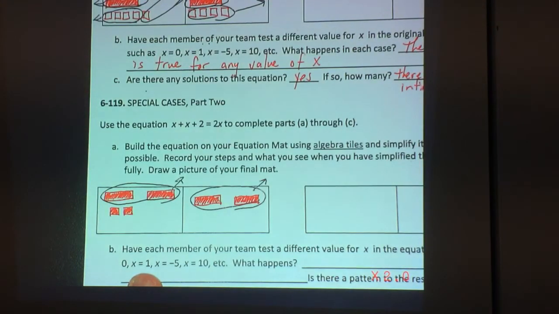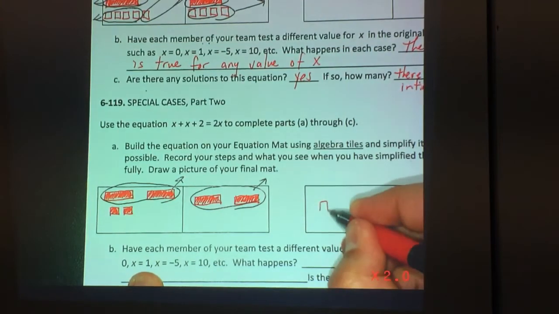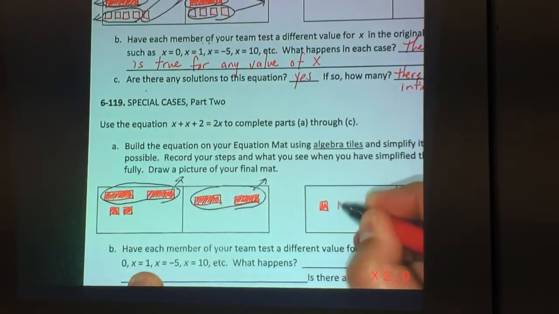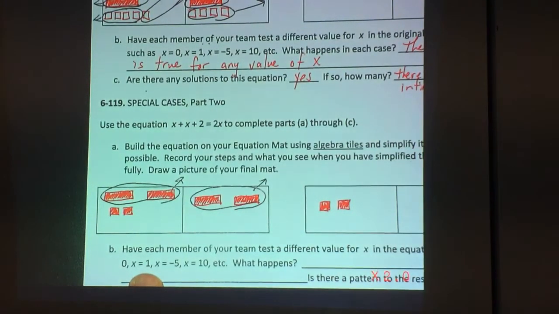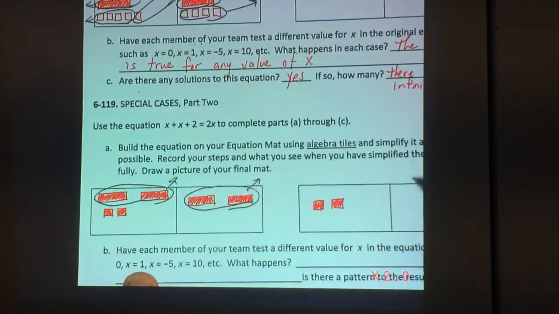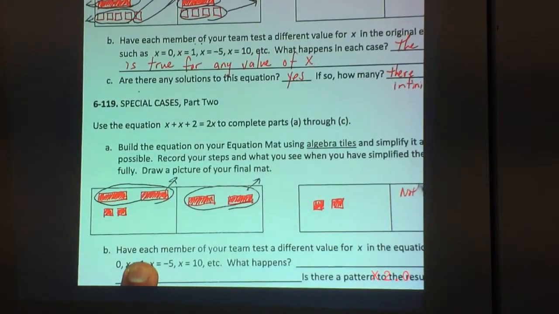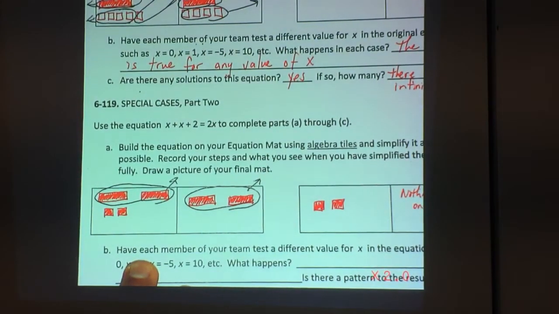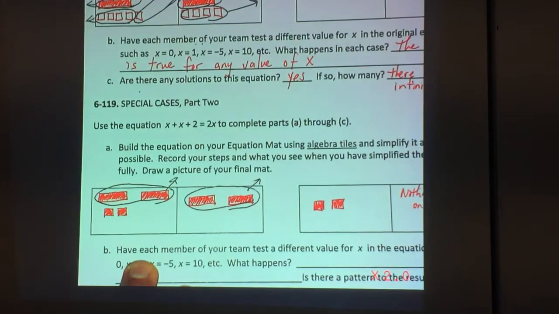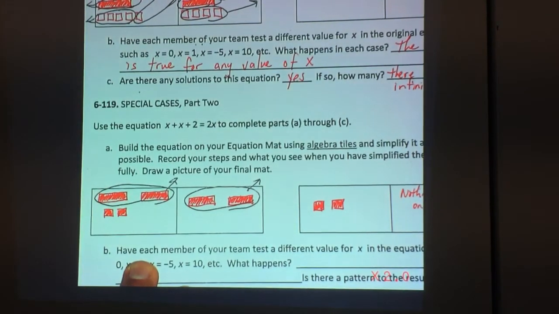Okay, so what do I have that's left over on the left? These 2 shaded squares. Nothing left on this side. All right.